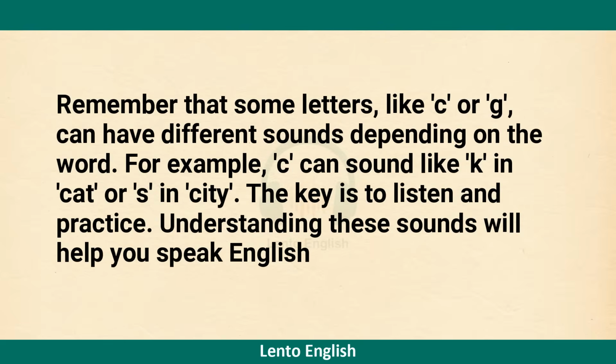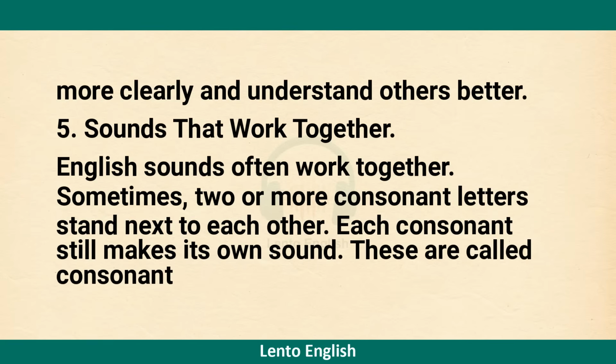Remember that some letters like C or G can have different sounds depending on the word. For example, C can sound like K in cat or S in city. The key is to listen and practice. Understanding these sounds will help you speak English more clearly and understand others better.